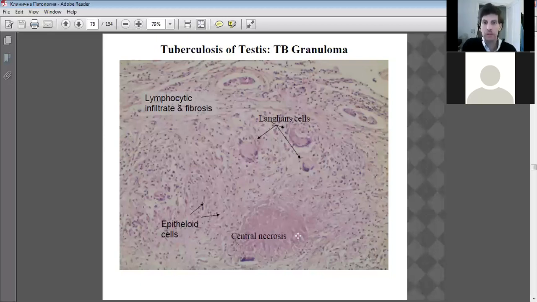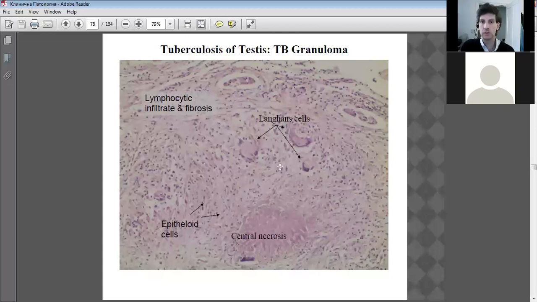A highly magnified version here. Got the central necrotic area, as I talked about before. But here the attempt is to show the lymphocytic invasion and the Langerhans, the macrophage invasion as well.